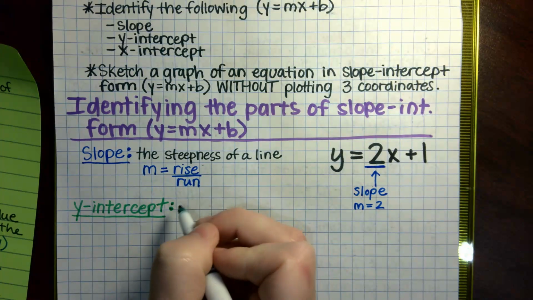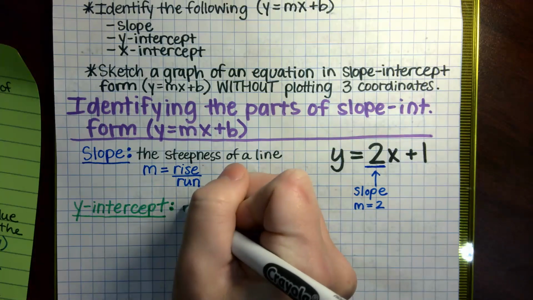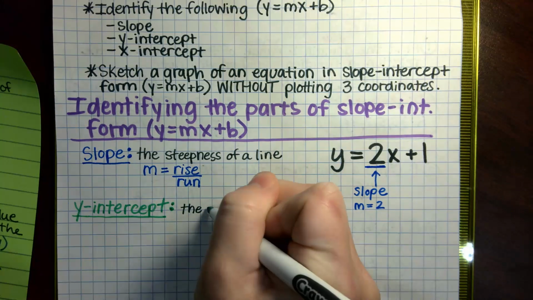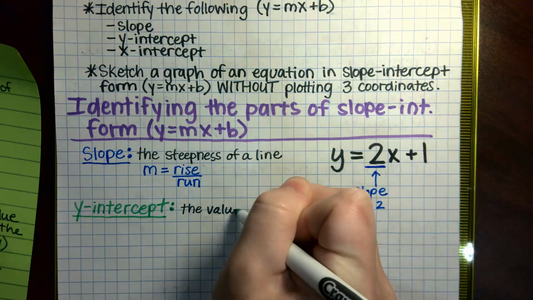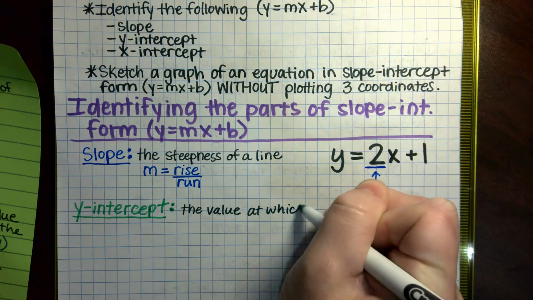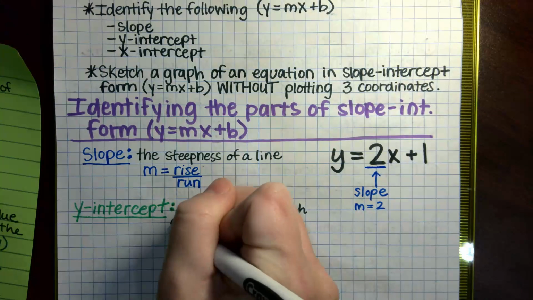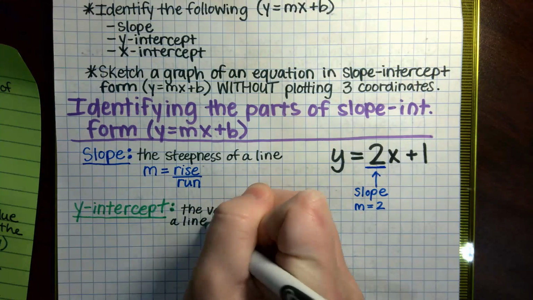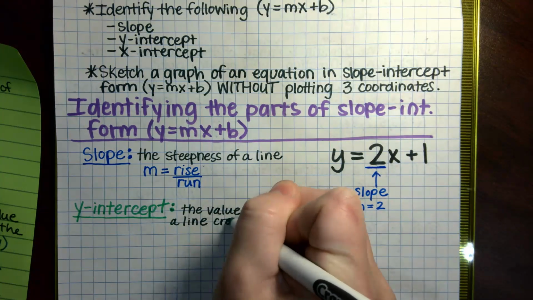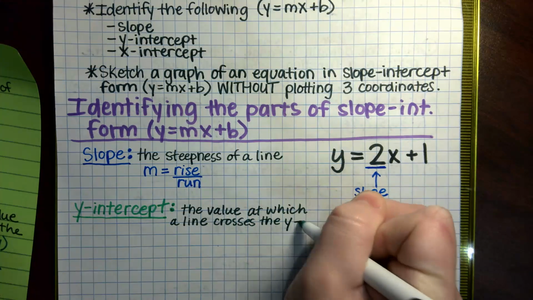So I'm going to write that definition out for you and I'll explain to you what it means. So it's the value at which a line crosses the y-axis.